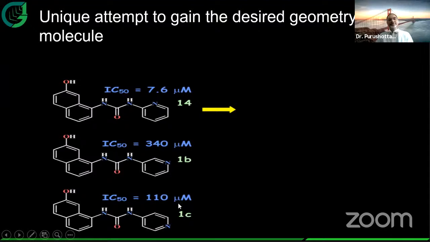If you see what the difference is between the three compounds, there is only one difference: the pyridine substitution is at the second position here, at the third position here, and then at the fourth position in compound 1C.